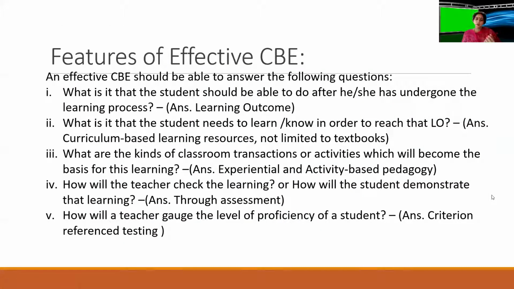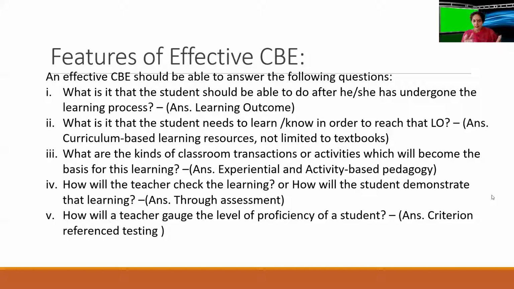So the next most important thing that we see are the features of effective competency-based education. An effective competency-based education should be able to answer the following questions. What is it that the students should be able to do after he or she has undergone the learning process?